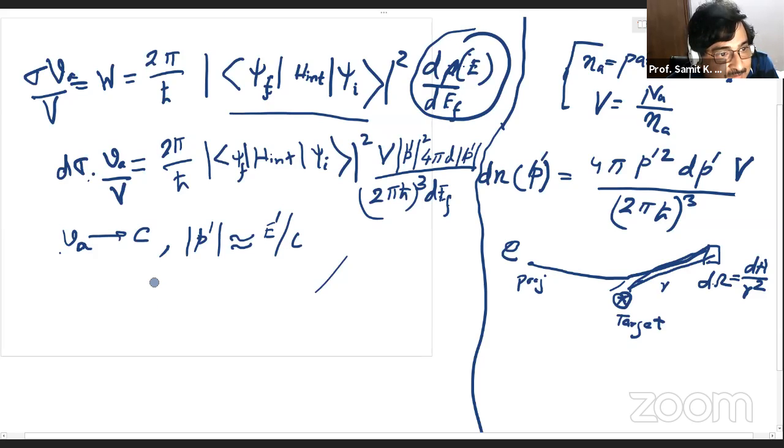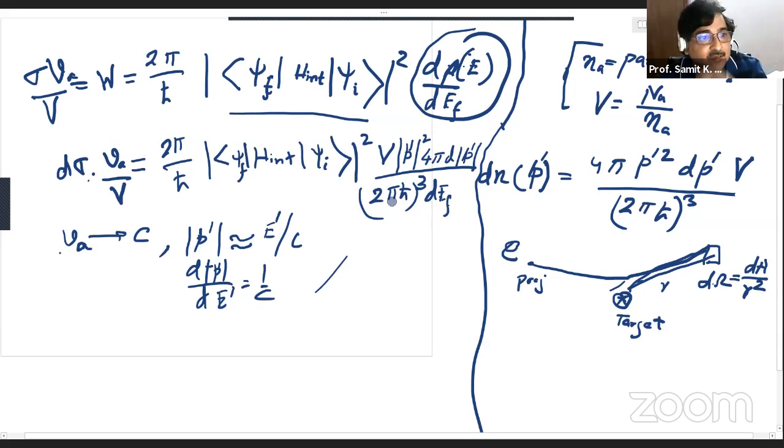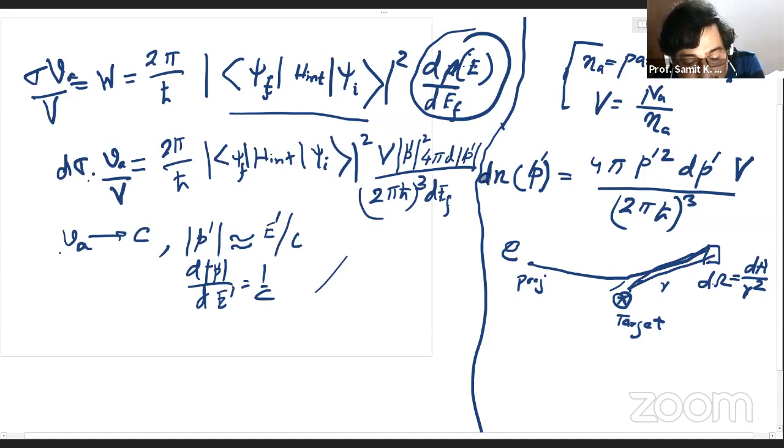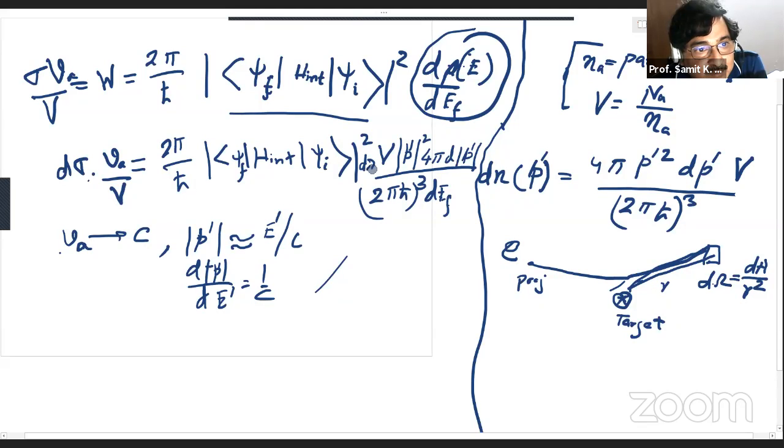So then dE prime by dE equal to 1 by c. So now I can rearrange this one, and for the small solid angle part I have to include here, because I mentioned that I am only bothered about this area, how many particles are coming. So I have to multiply this one term, that is my solid angle. So this d omega term will appear here.